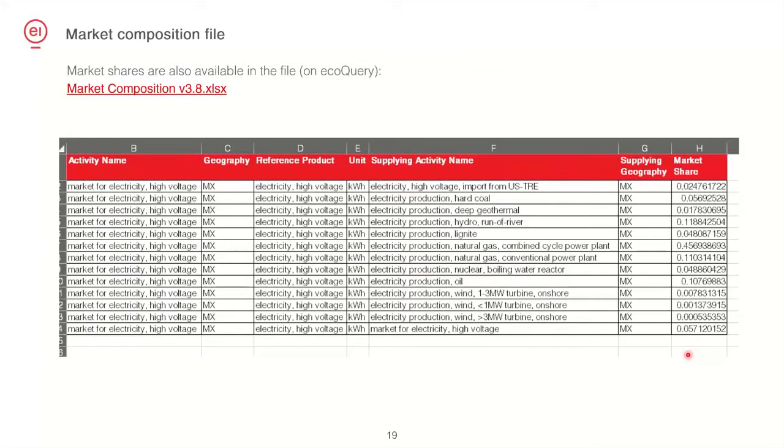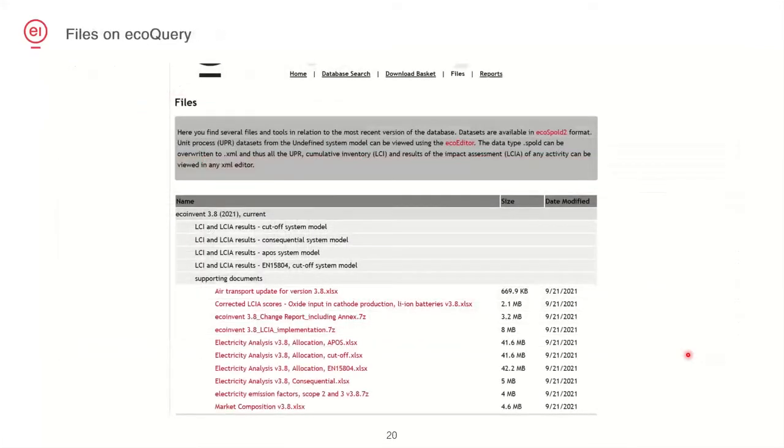We also have an additional file available that facilitates the view of these market shares. It's called market composition and is available in the files section of EcoQuery. If you click there, you will find under supporting documents all the additional files available.